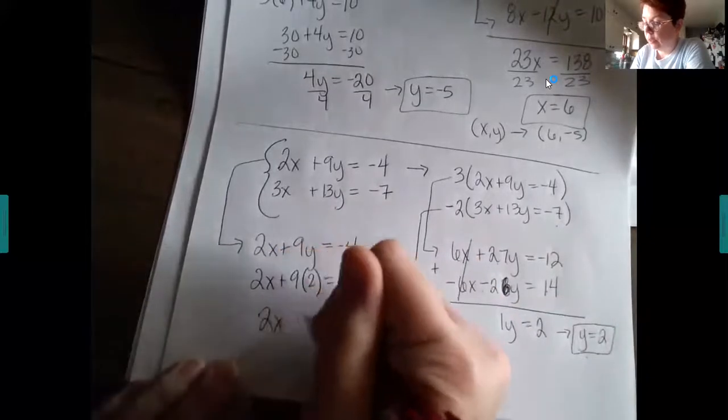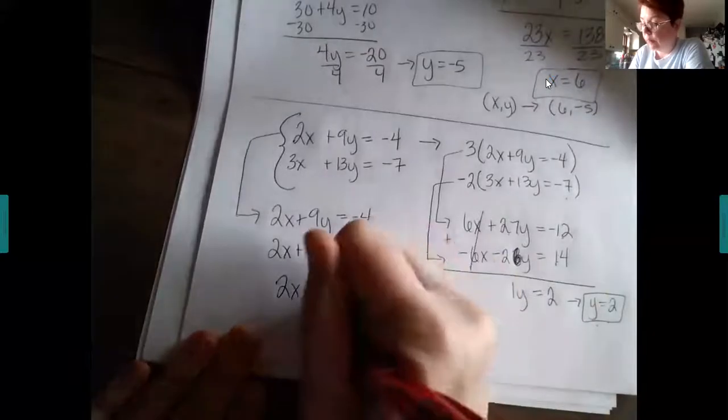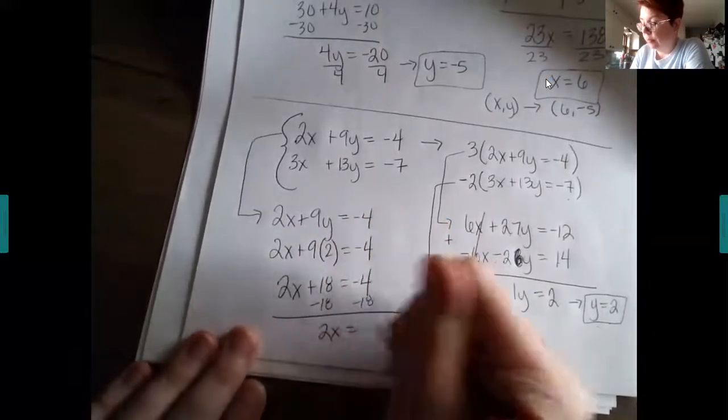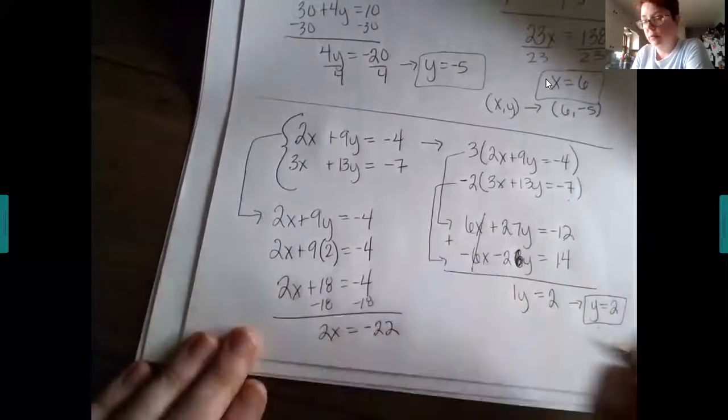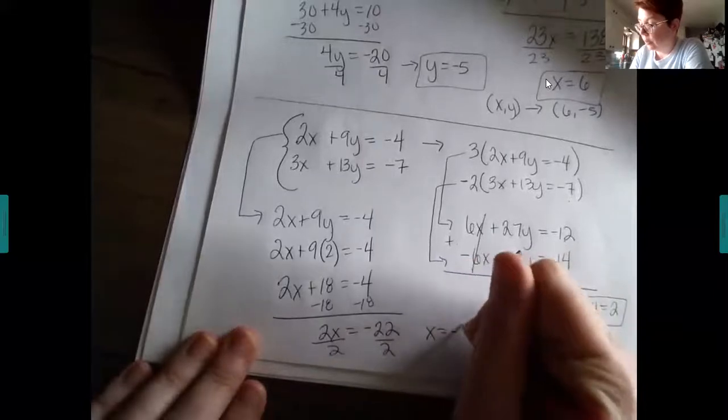And we get 2x plus 18 equals -4. Let's subtract 18. -22. And divide both sides by 2, so we get x equals -11.